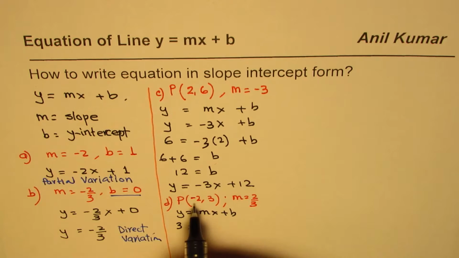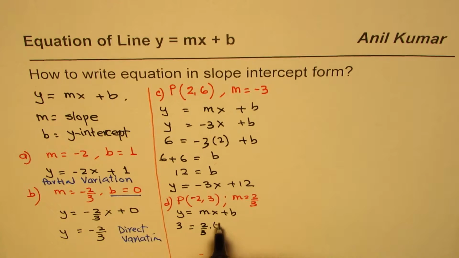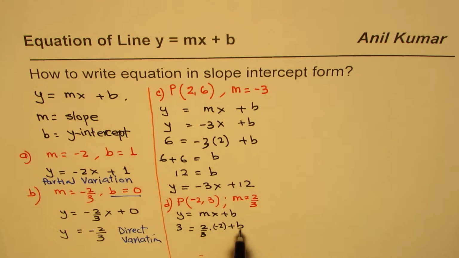So 3 = 2 over 3 times minus 2 plus b. You need to solve this equation to get b, and then substitute it in the equation.